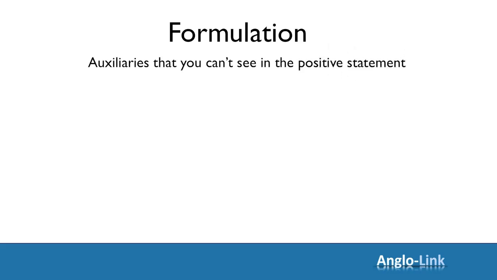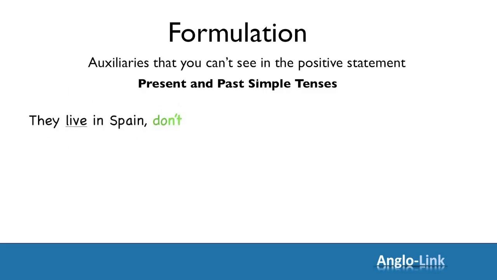Right, now let's have a look at statements where you cannot see the auxiliary in the positive statement. This includes sentences in the present and past simple tenses. They live in Spain, don't they? They don't live in Spain, do they?